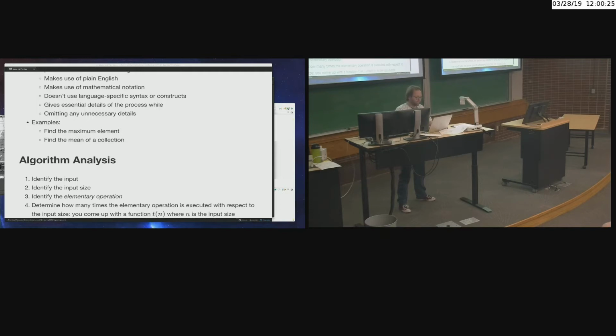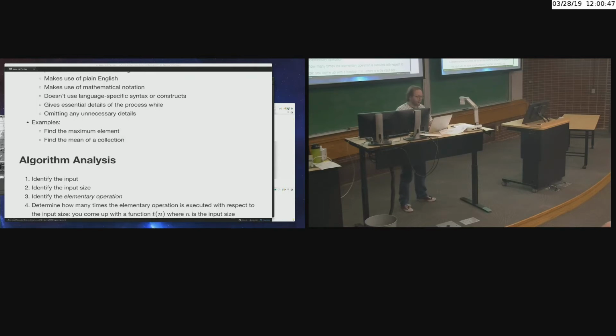You want to come up with this function because that's what we did in the beginning. This thing is linear. This thing is quadratic. Clearly, linear is better than quadratic. And only after you've come up with a function that describes the behavior, the growth rate, etc., can you start to say, oh, this algorithm is definitely going to be better. This algorithm is probably not going to be as good.